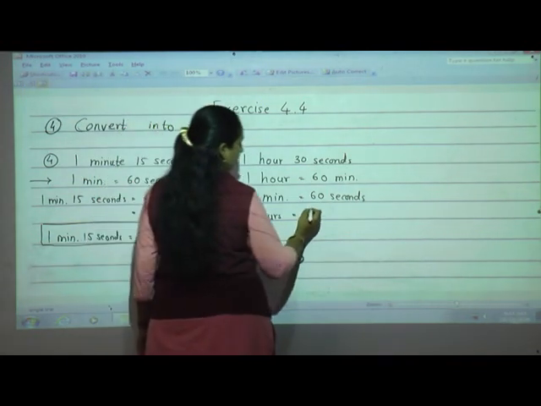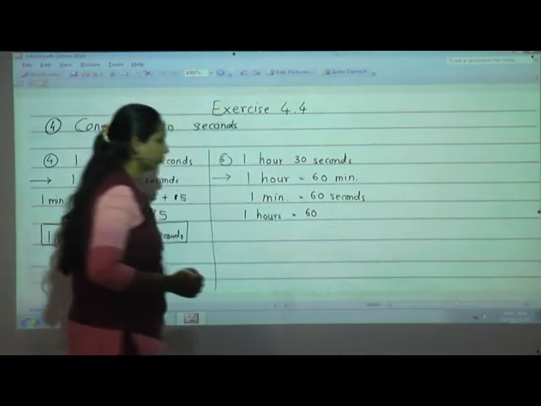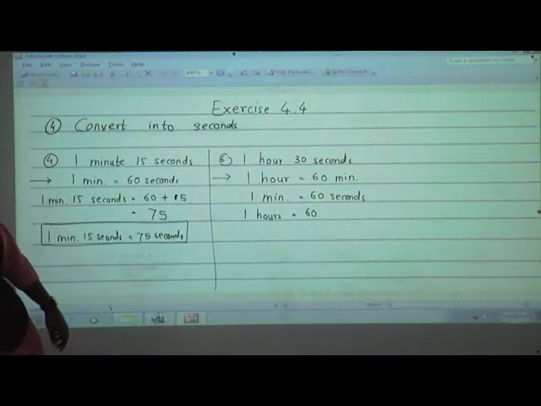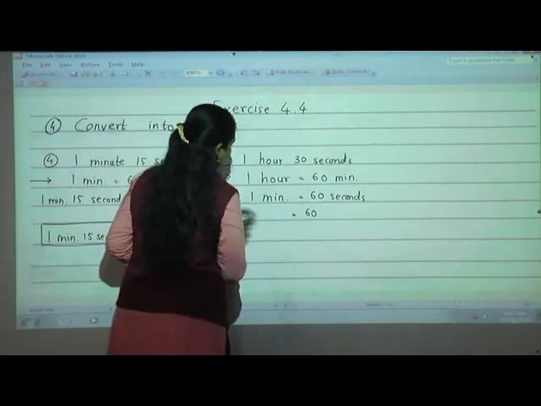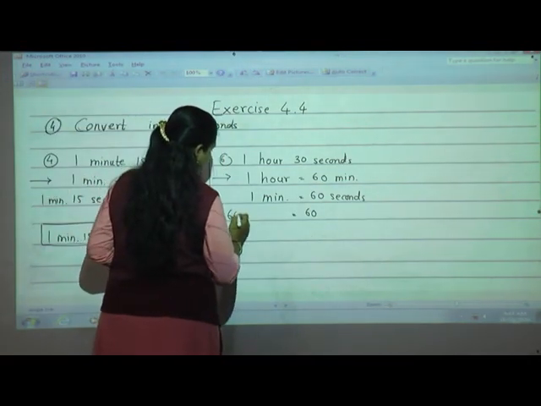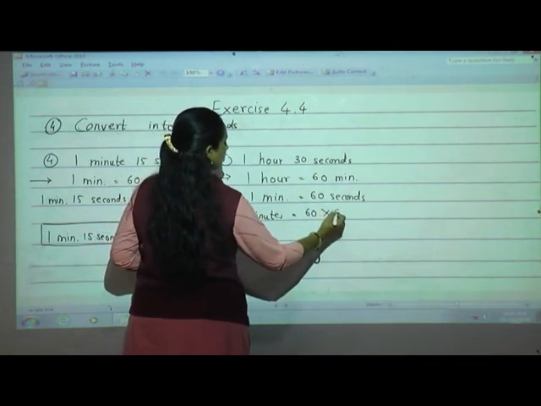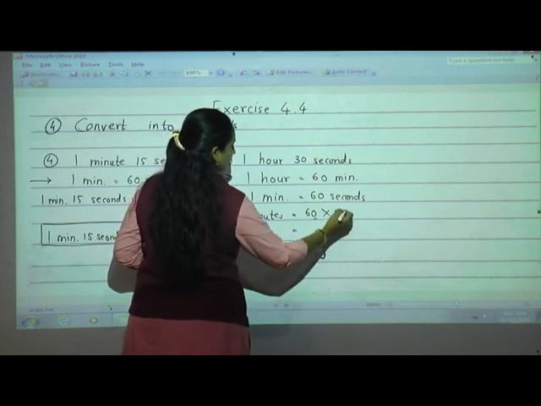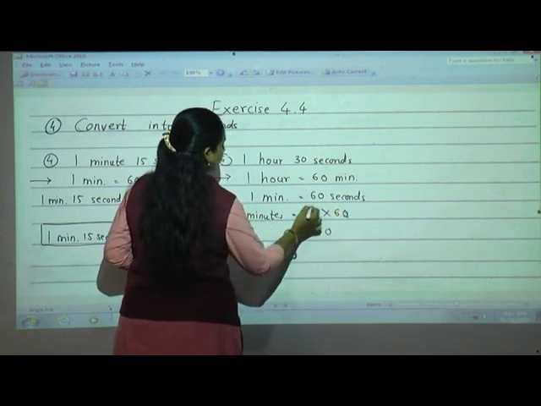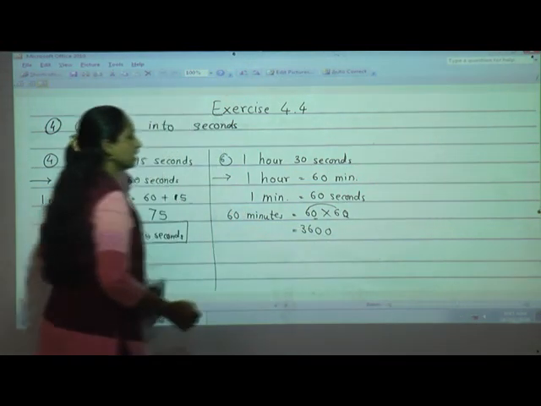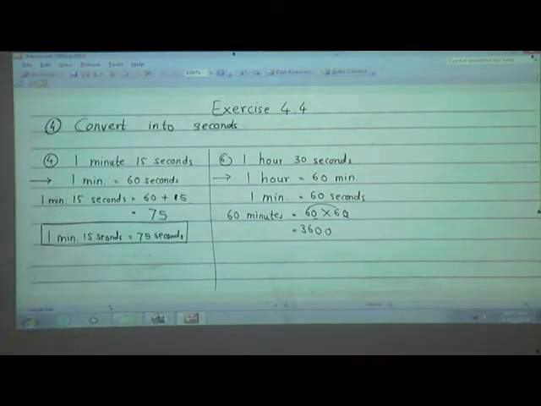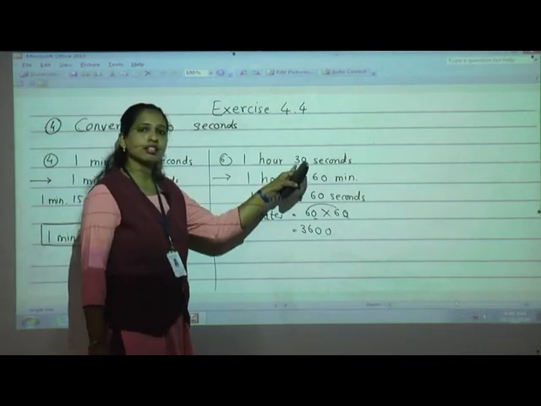Tell me, 60 multiplied by, sorry, 60 minutes. We are going to convert 60 minutes is equals to 60 multiplied by 60. 0, 0, write 2 times, 6 6 are 36. This is what? 3600 seconds.